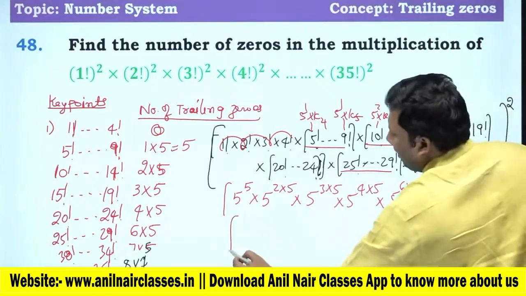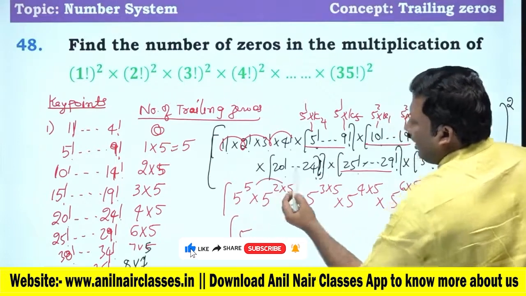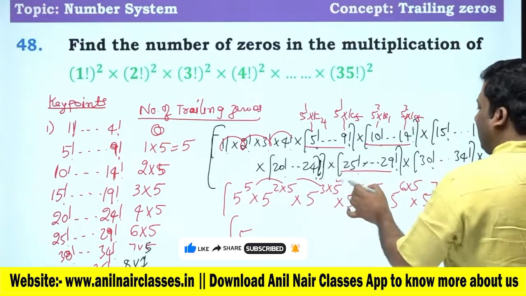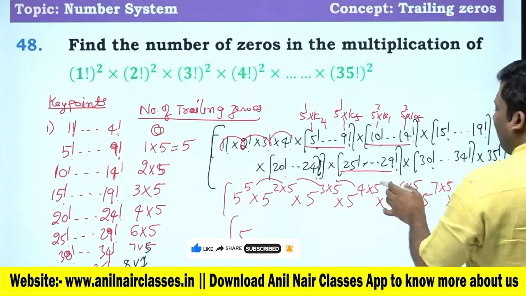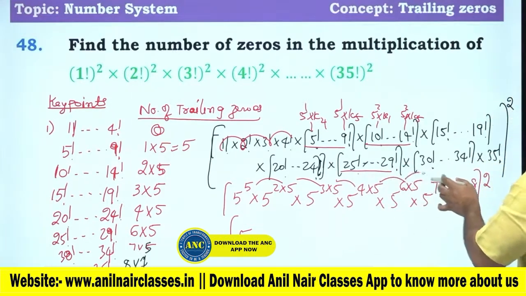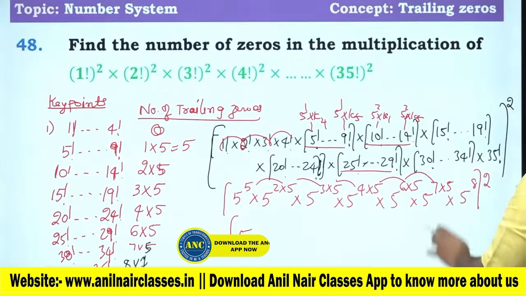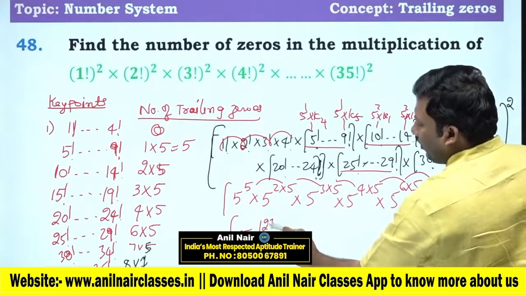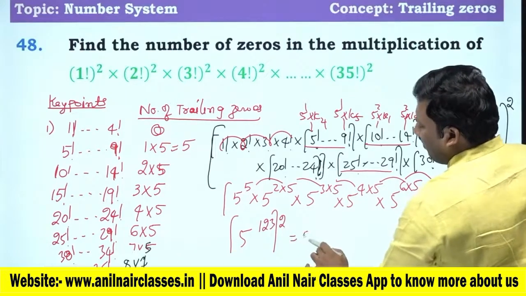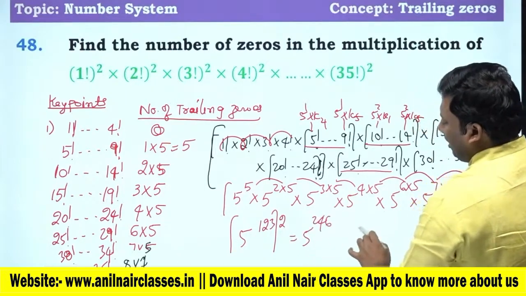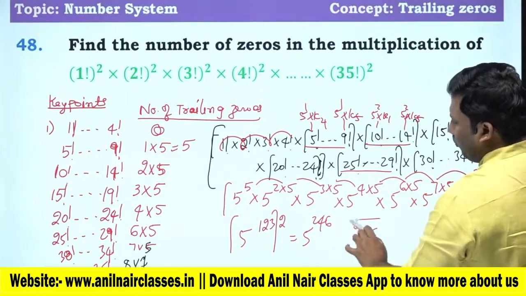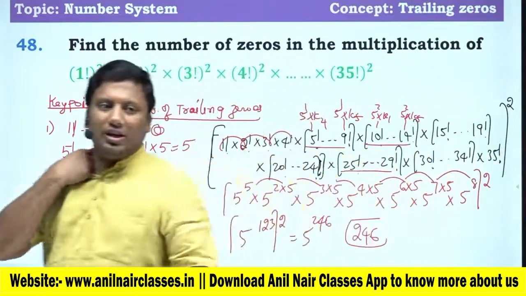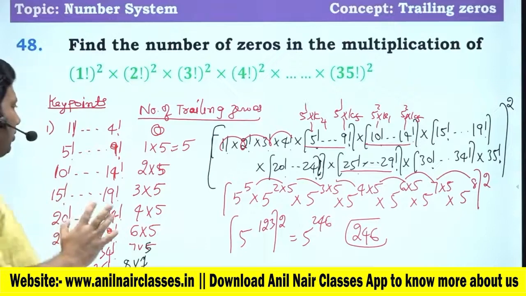So this will be 5 power 10 plus 5, 15, 15 plus 15, 30, 30 plus 20, 50, 50 plus 30, 80, 80 plus 35, 115, 115 plus 8, 123. 5 power 123 whole square, 5 power 246. Answer will be 246. Very, very good question, sir.